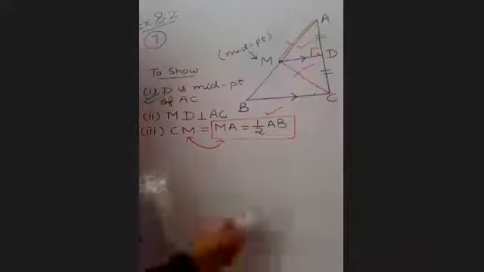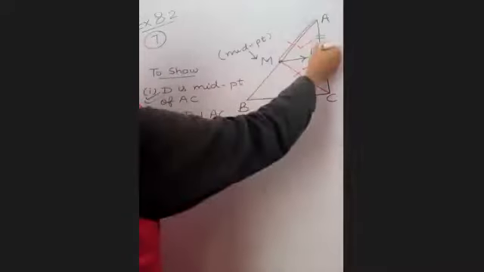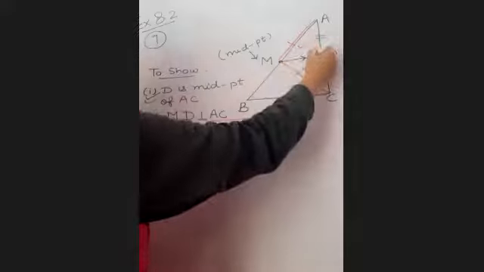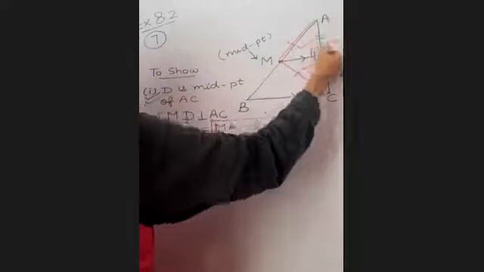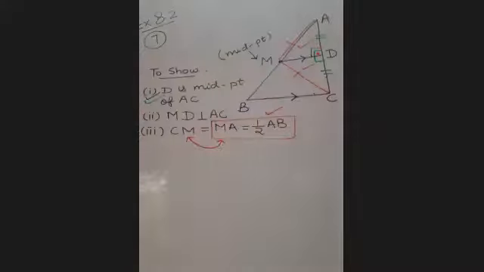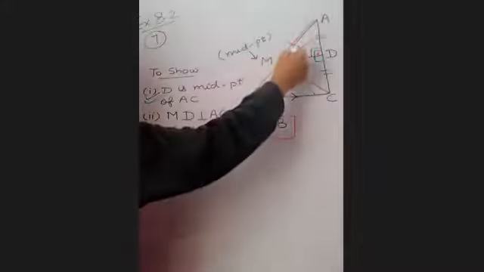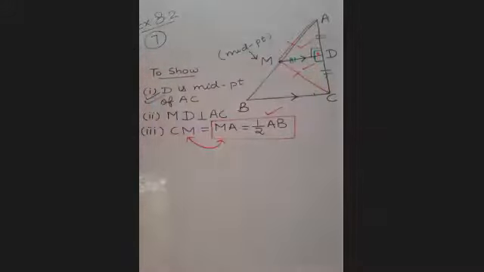Yes, ma'am. Also, we have proved that MD is perpendicular to AC. So, will these two angles be 90 degrees each? Linear pair. Yes, ma'am. And what is the third condition? Ma'am, MD equals MD, common.